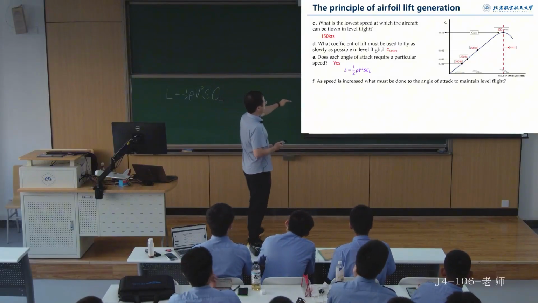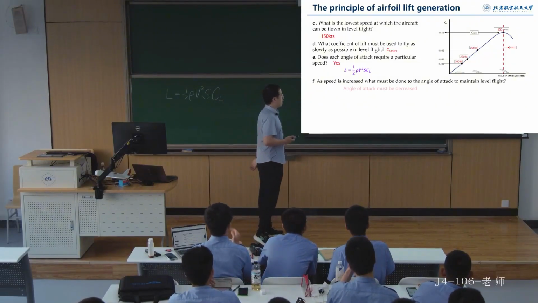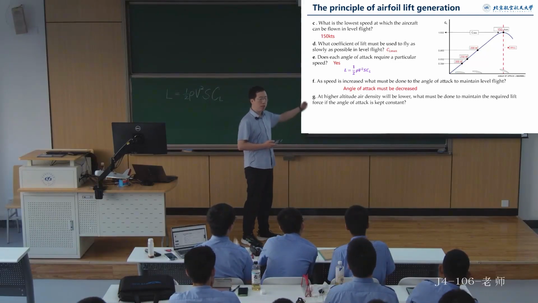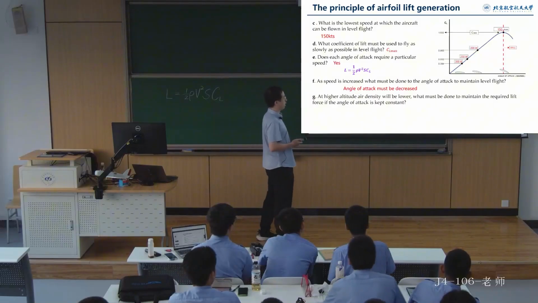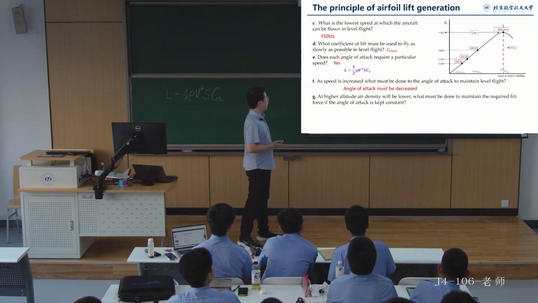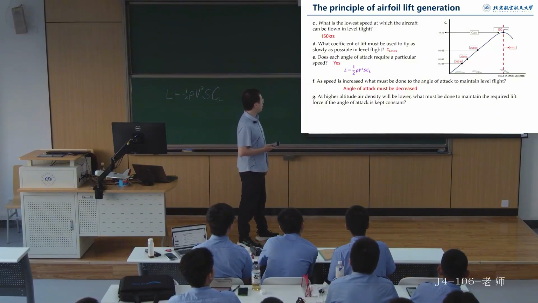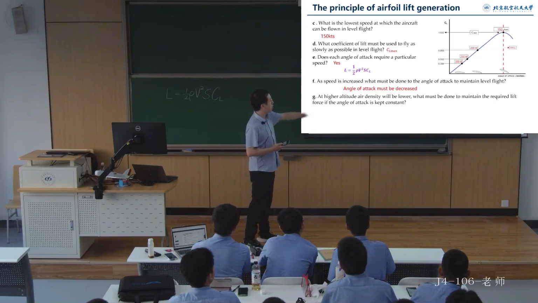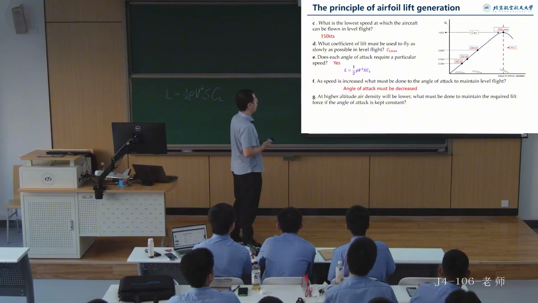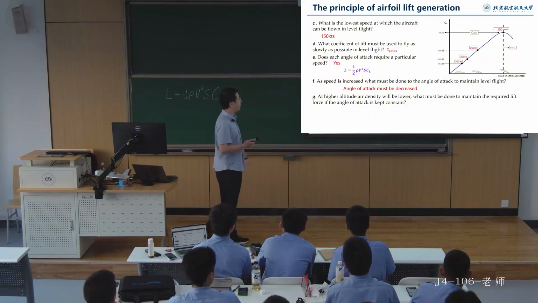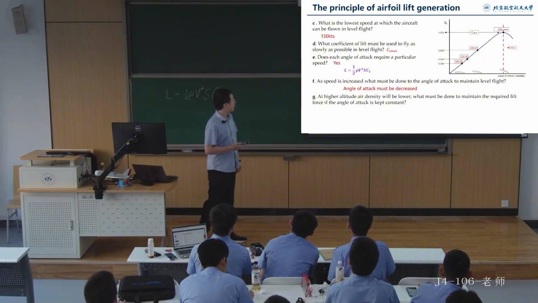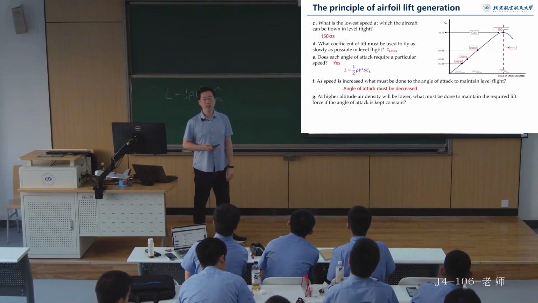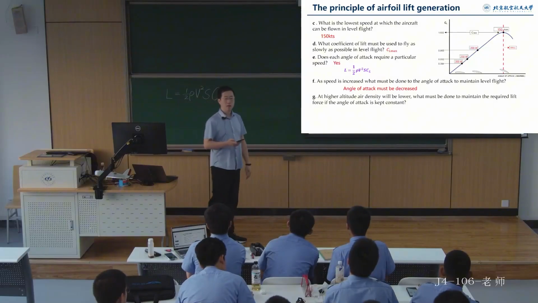As the altitude of the aircraft increases, what happens to the air pressure? Not the atmospheric density, or rather, when the density altitude increases, the atmospheric density decreases. So if we want to maintain the same angle of attack and also keep level flight at a higher altitude, then what should we do?